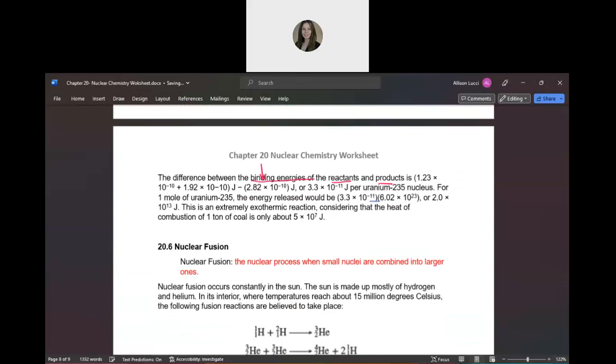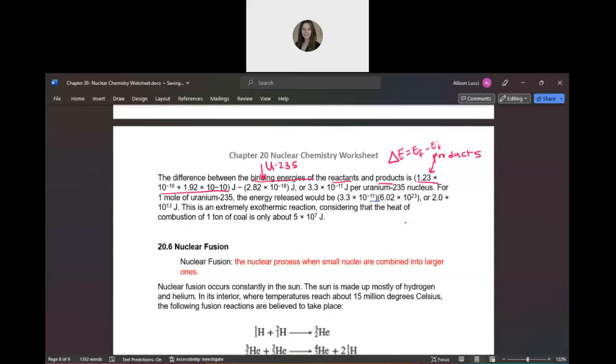This is our uranium-235, and then this value here and this value here are our 2 products. We take products minus reactants. Remember, change in energy is always final minus initial, or in this case, products minus reactants, to get a delta value.